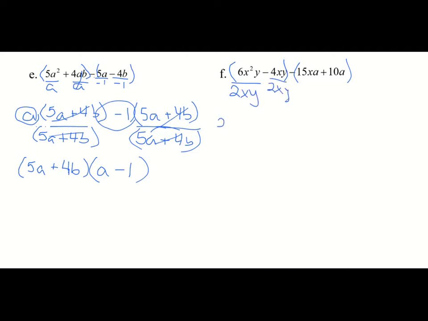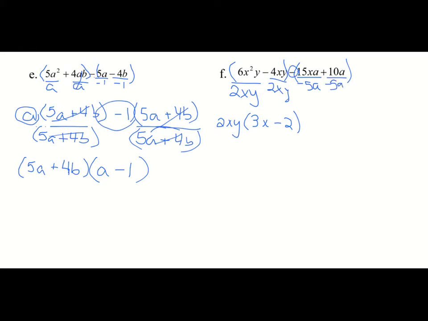So I'll have 2xy, and that's going to leave me with 3x minus 2. Up here, I'm going to pull out a negative 5a because I need a negative, because my leading coefficient was a negative.